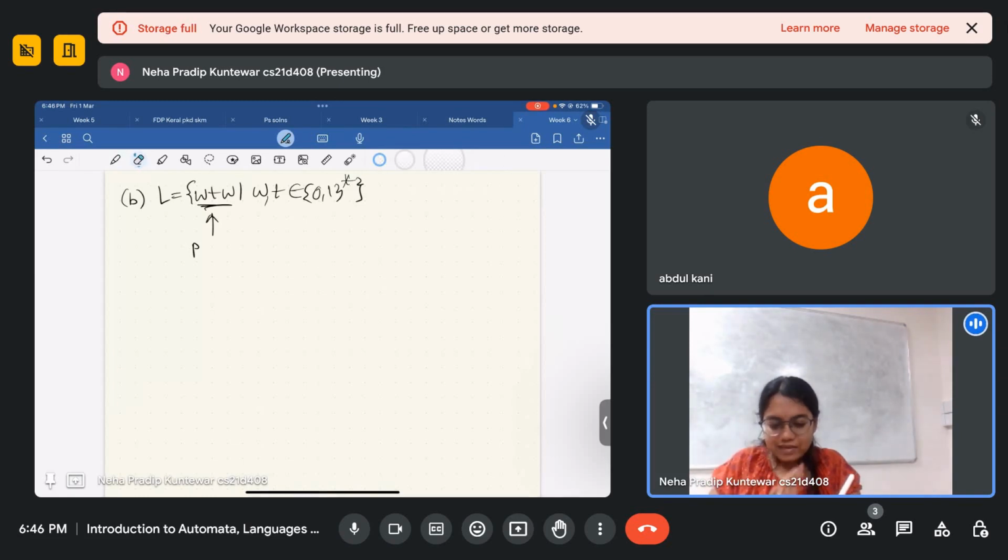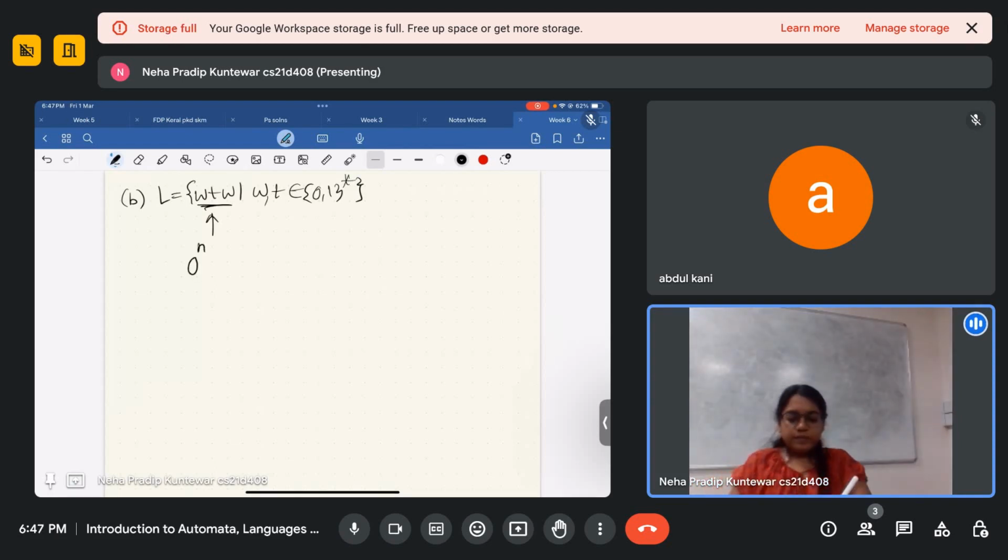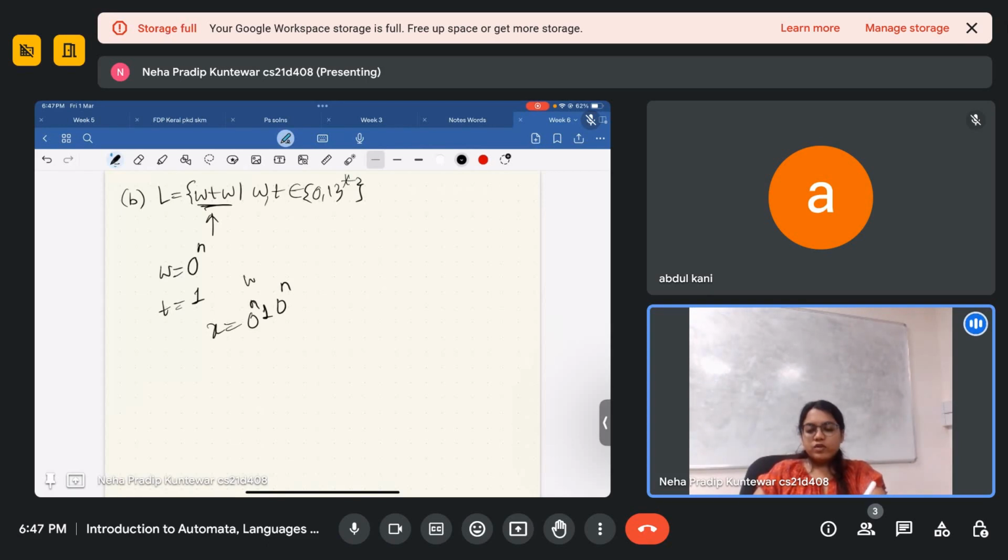This is not exactly a palindrome, but the same example would work, because let's say you take W to be 0 to the n and T to be 1. Then your x is 0 to the n, 1, followed by 0 to the n, because that is the string that we have been given. So here again the pumping length is n.